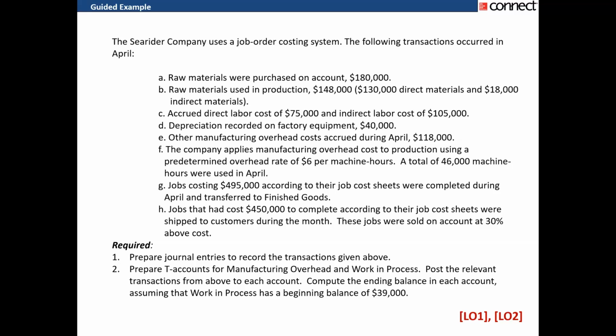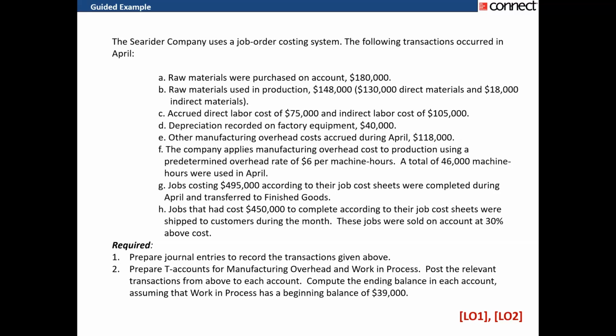H, jobs that had cost $450,000 to complete according to their job sheets were shipped to customers. These jobs were sold on account at 30% above cost. So $450,000 were completed and sold.